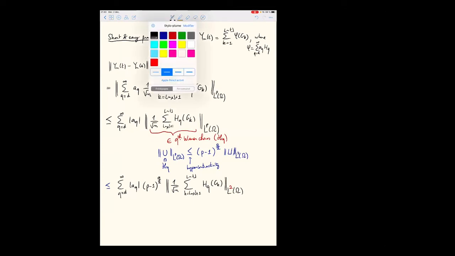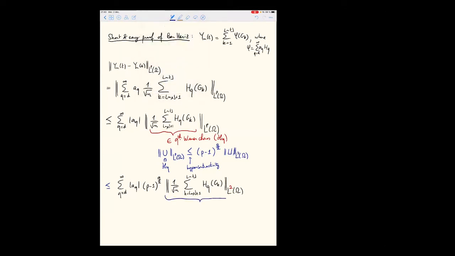When I compute the square of this quantity, it is easy to prove explicitly that it is less than (t minus s over n) factorial q. This factorial q comes from the isometry property of Hermite polynomials, and then the sum of r_k to the power q. This calculation takes maybe 5 minutes to write down, but it is quite easy to do.